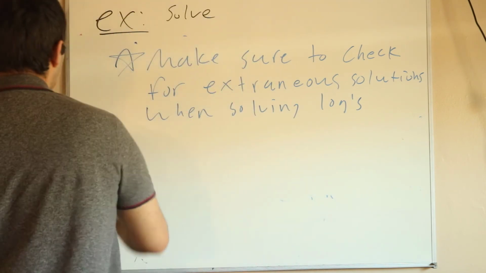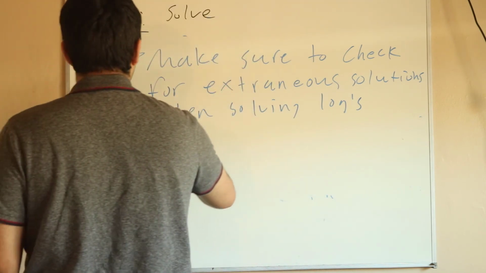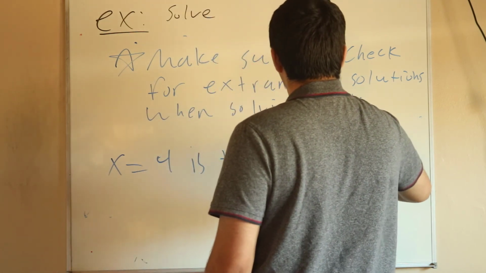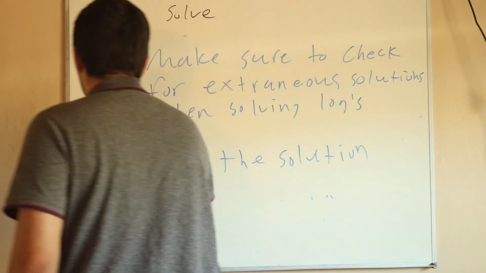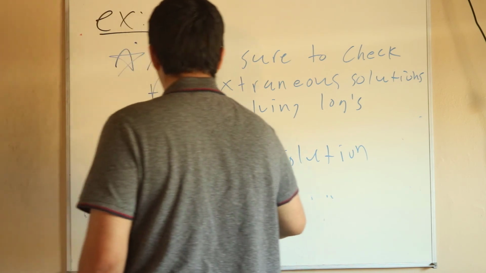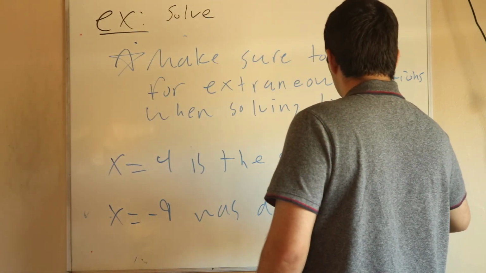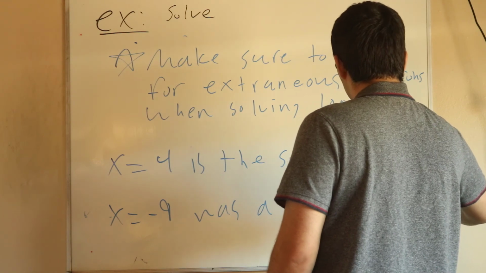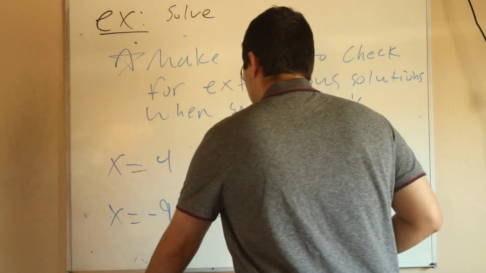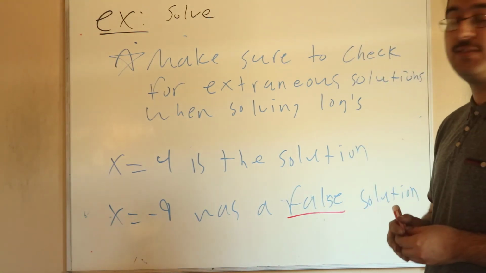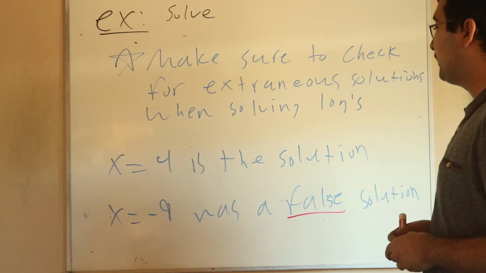Okay, so for us, x equals 4 is the answer, or is the solution, and x equals -9 was a false solution. False. Alright. There it is. Okay?